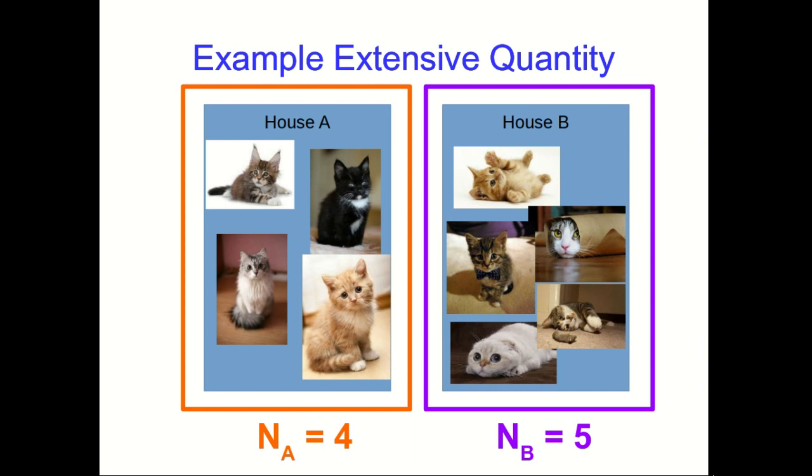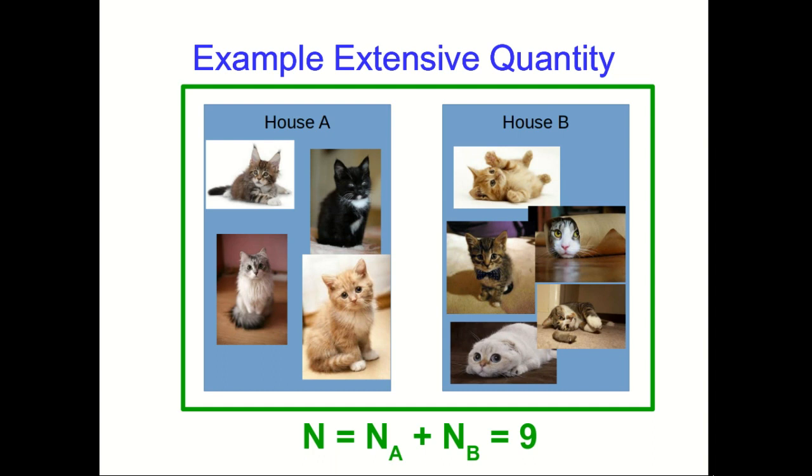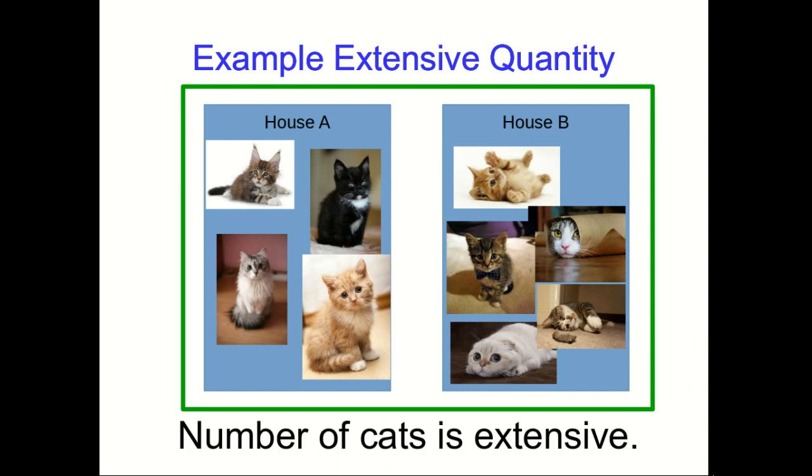We can also think about the pair of houses as a single system, and I think it's fairly obvious that the total number of cats in the two houses is just the sum of the number of cats in the separate houses. And so this is following the rule for an extensive quantity. The number of cats is extensive because when we combine two systems, the number of cats is just the sum of the number of cats in the individual parts of the system.